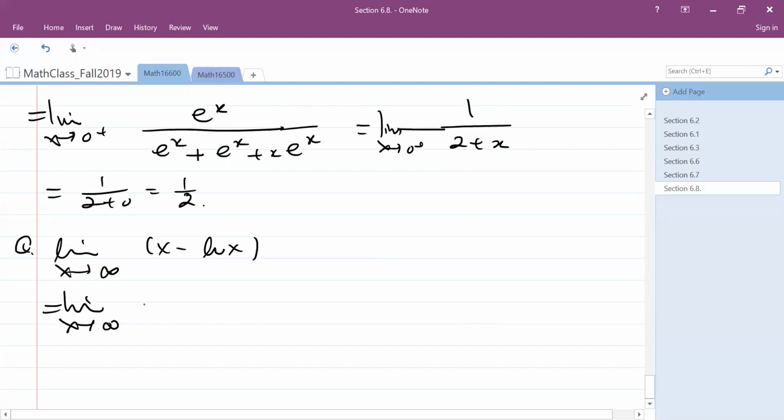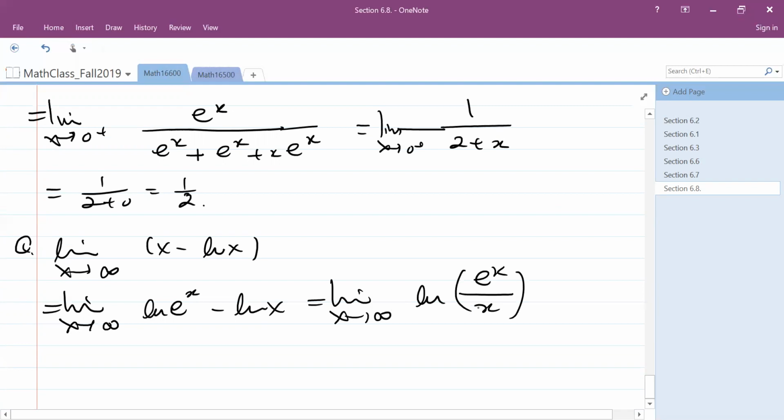I can do it like that. x is going to be natural log of e to the x, do you agree, right? Then I can have two same logs and I can put them together. Okay, so it's going to be natural log of e to the x over x. Great. So that's the kind of quotient here. Of course, that's only one single function, but inside the function, there's a quotient. If the inside function, the quotient, has a limit, then I can find the limit. Why?